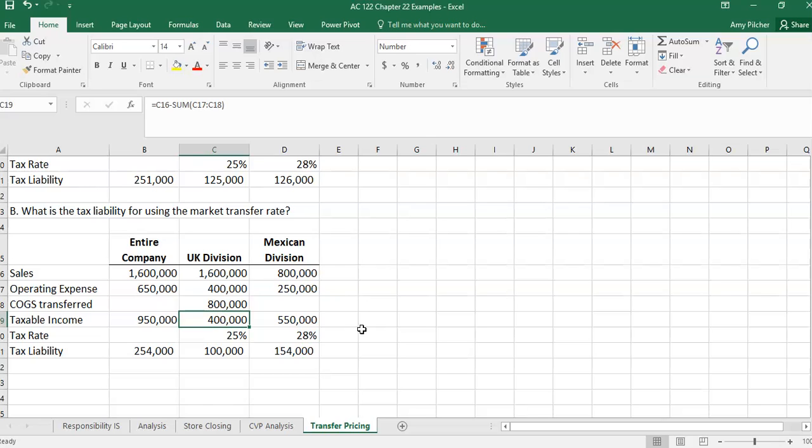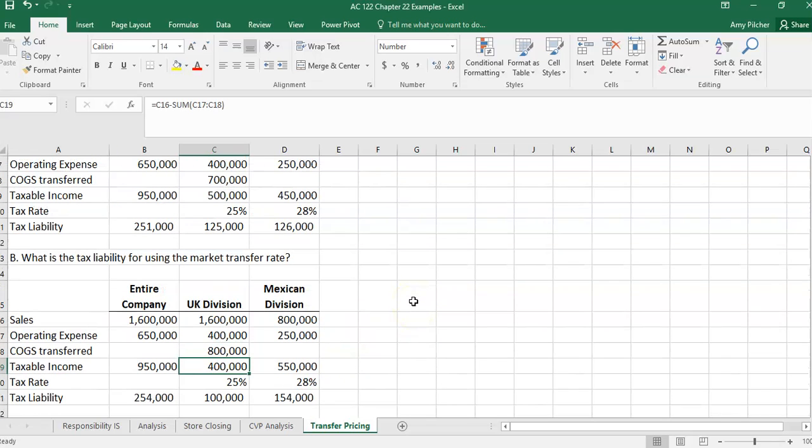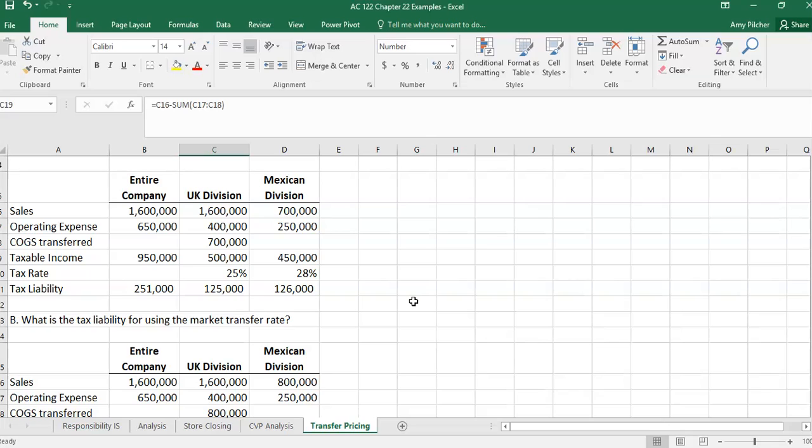It decreases the tax liability for the UK division and increases the tax liability for the Mexican division. However, the entire company's tax liability goes up as a whole. So the transfer rate that is most beneficial to the company is the $700,000 negotiated transfer rate because it gives the company a lower tax liability.